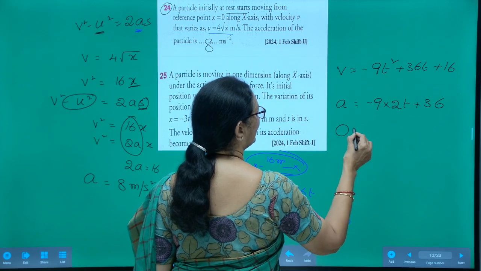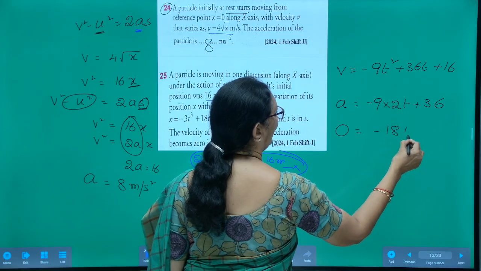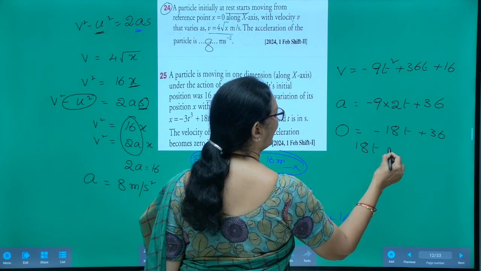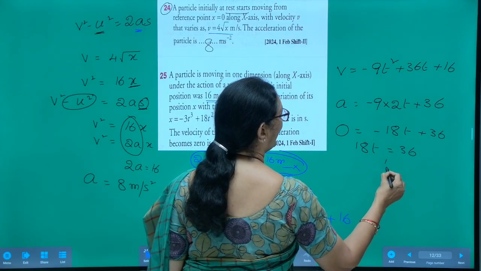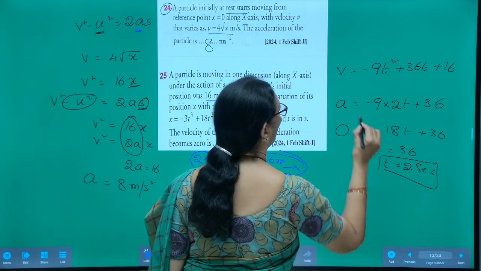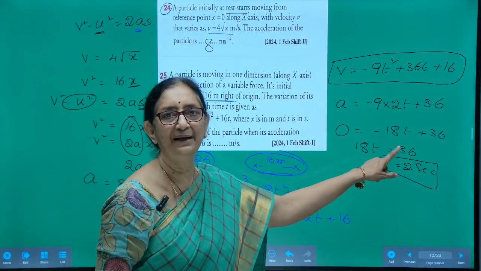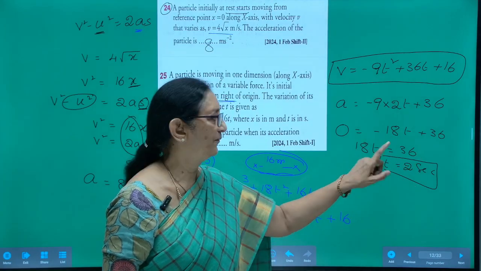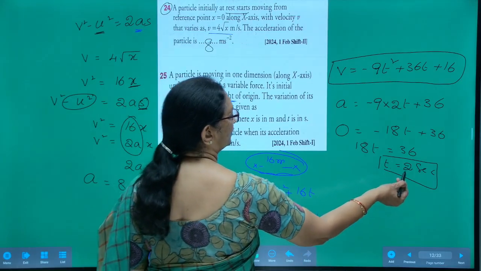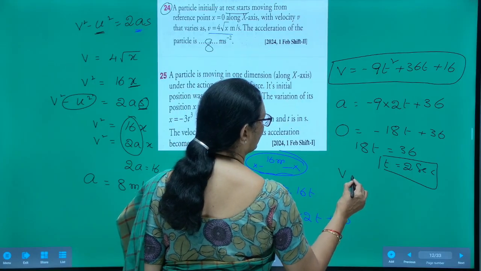So acceleration is 0 implies 0 is equal to minus 18t plus 36, from which 18t is 36, so t is equal to 2 seconds. Now you are supposed to find velocity at the instant when acceleration is 0, which is at 2 seconds.